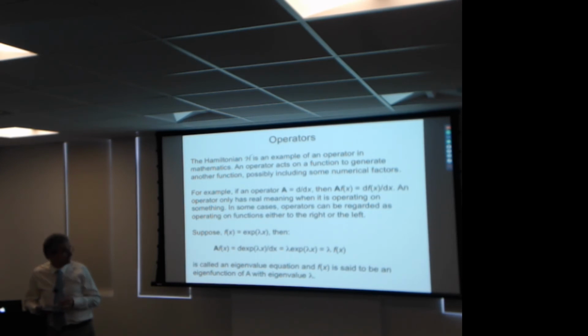So in this case, the derivative operator acting on the exponential function gives back the exponential function times some number. In the language of mathematics and quantum mechanics, the exponential function is called an eigenfunction of the derivative operator.